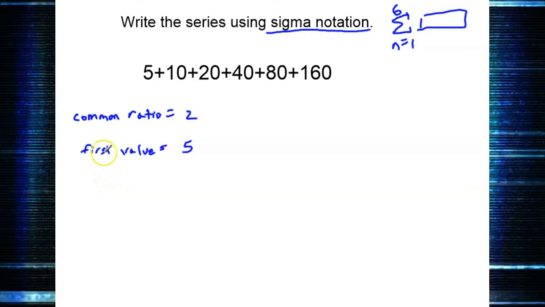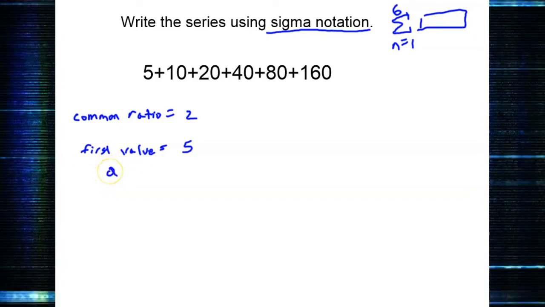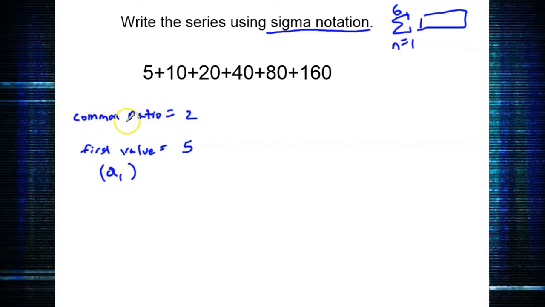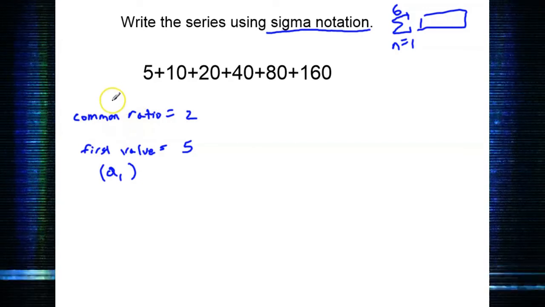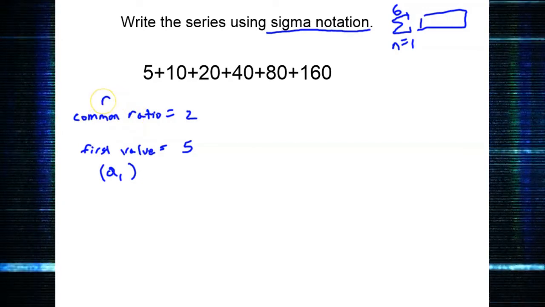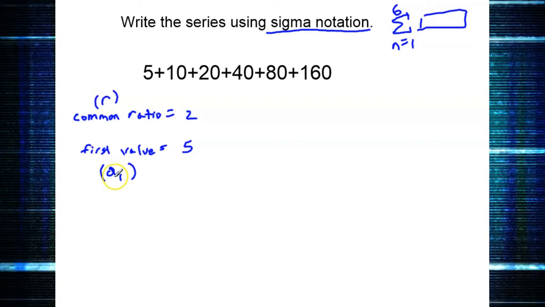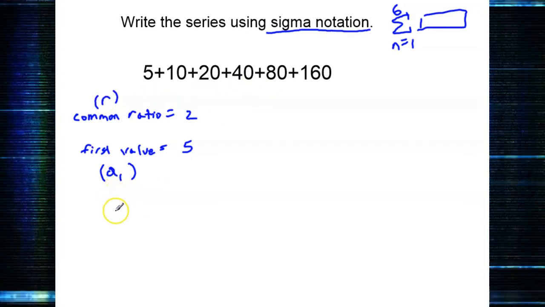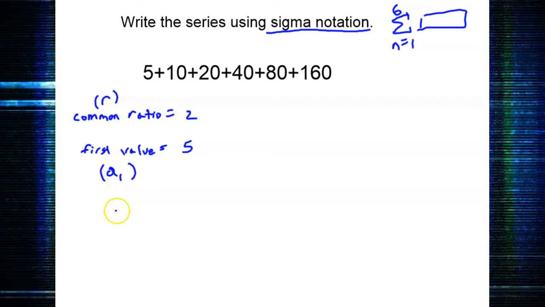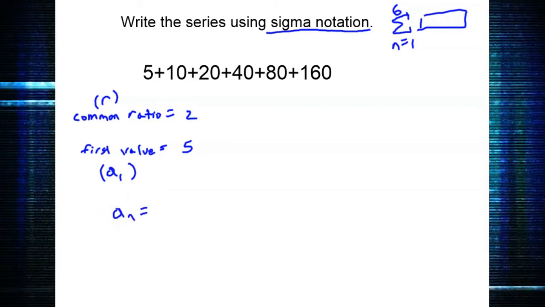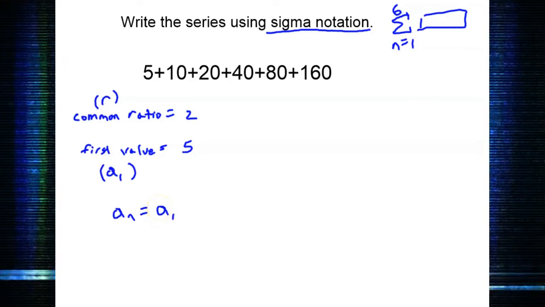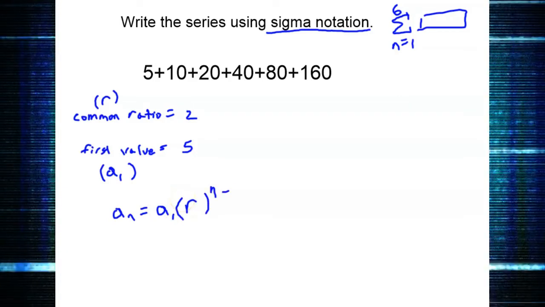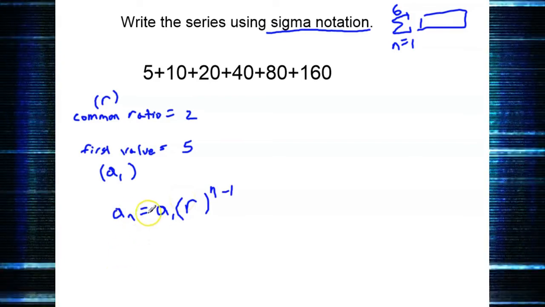The first term we're going to say is A sub 1, and for the common ratio we're going to use the letter R, because ratio, R. All right, so now we're going to express this geometric sequence. We have A sub n equals A sub 1 times R to the n minus 1. That's how we write any geometric sequence.